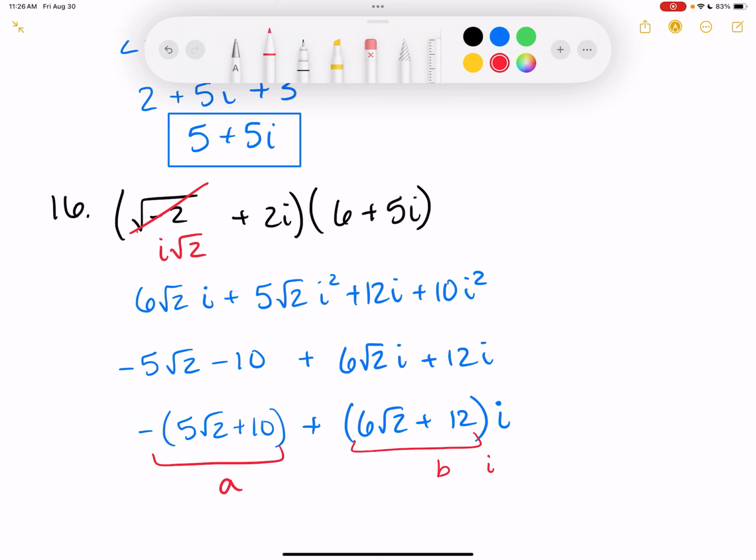So that's how you'd put it into standard form. Because the step that I have right here is not all the way in standard form yet, since there's 2 pieces that have an i. You need to combine them. Any questions on that one? Because I know that one's kind of weird. Good. All right.